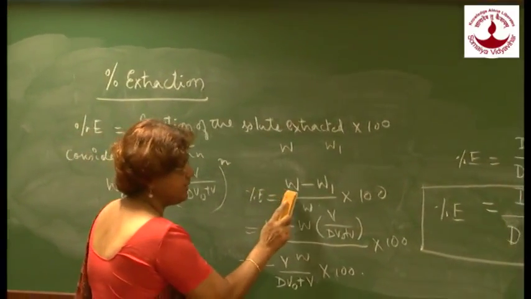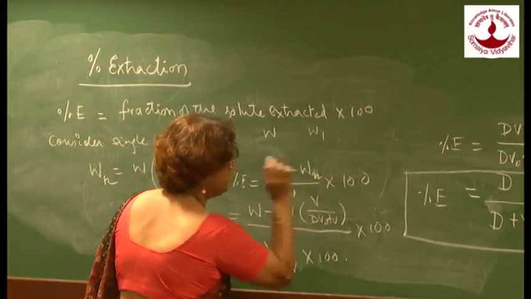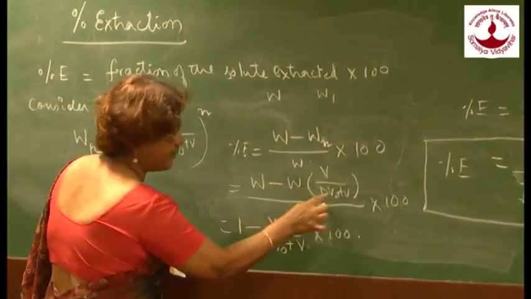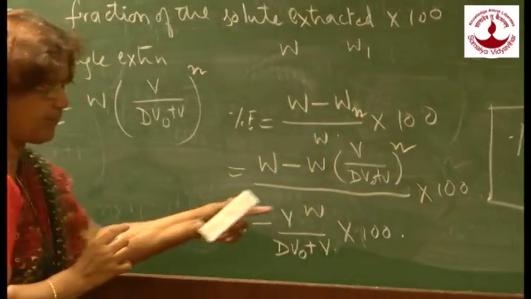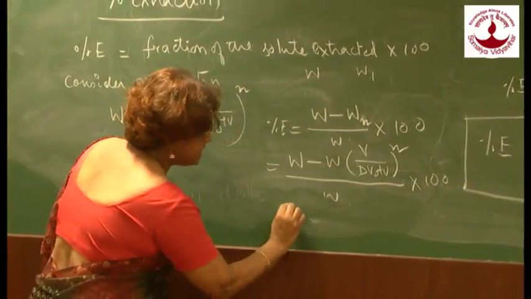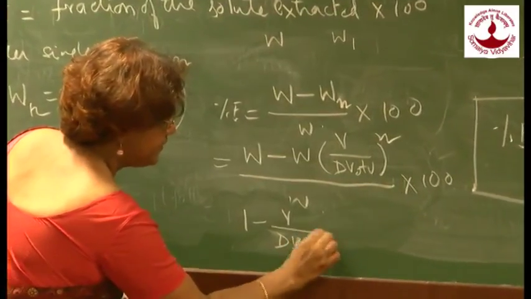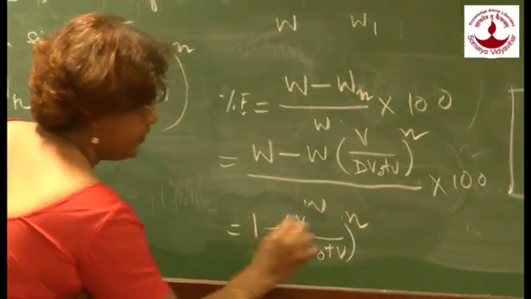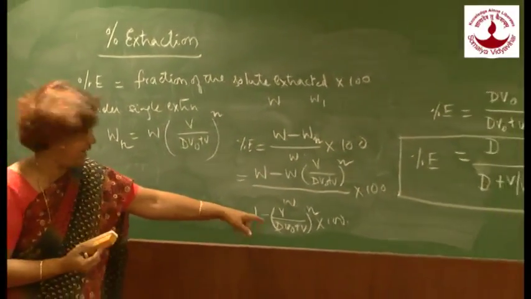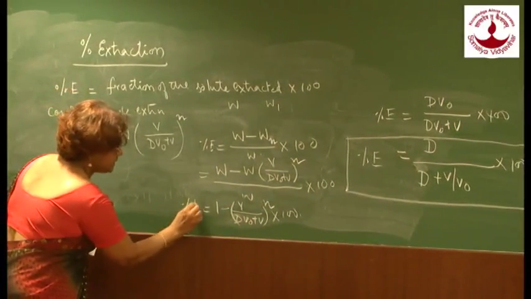Percentage extraction is W minus, it will not be W1, it will be Wn, upon W. W minus W V upon dVO plus V raised to N, upon W, and you get it as 1 minus V upon dVO plus V raised to N into 100. The way in which we solve for single extraction, we cannot do that because there is an exponential factor. Therefore, this is percentage extraction.